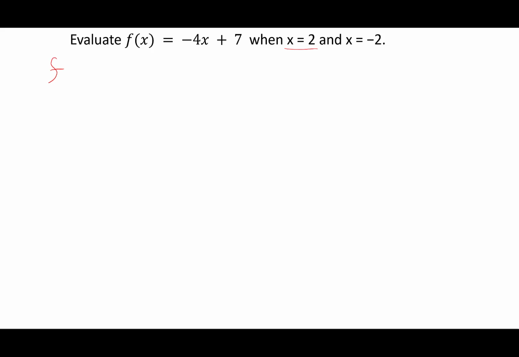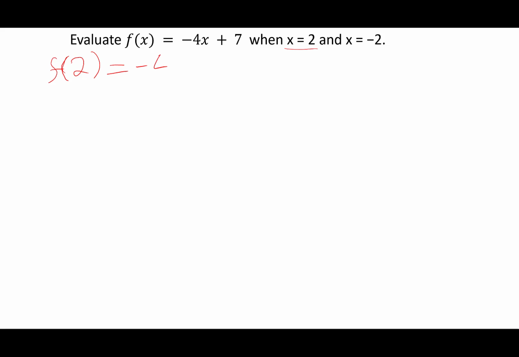So a lot of times we will write this as f of whatever number we're looking x to be. So in this case, we want x to be 2. So when x is 2, I want to know what my f of x is.